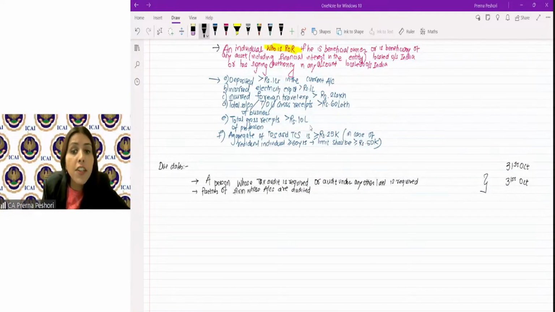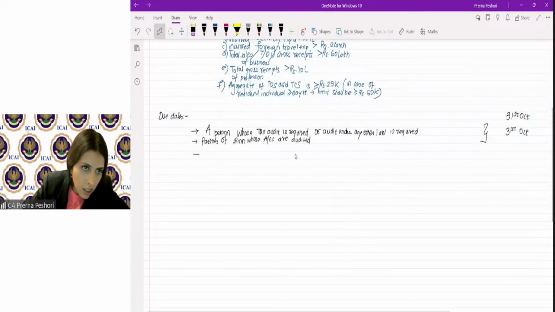In case of any assessee, it can be company, individual, partners, partnership firm, anybody, if the assessee is required to furnish the transfer pricing audit report, then the due date becomes 30th of November for filing the return of income.